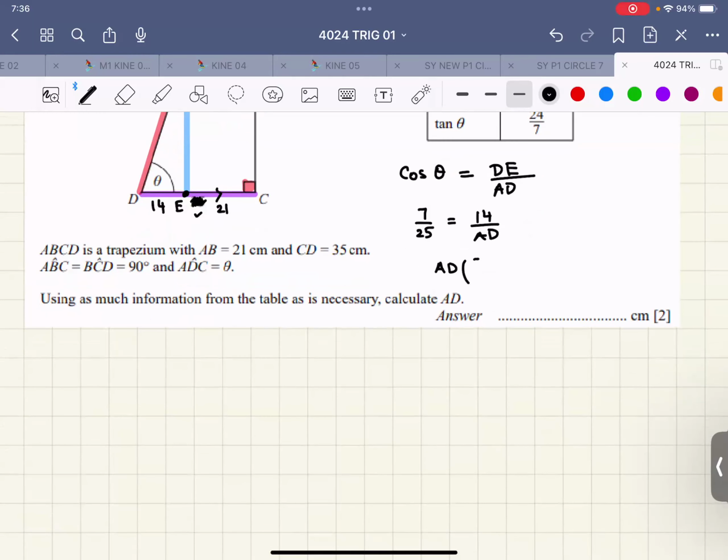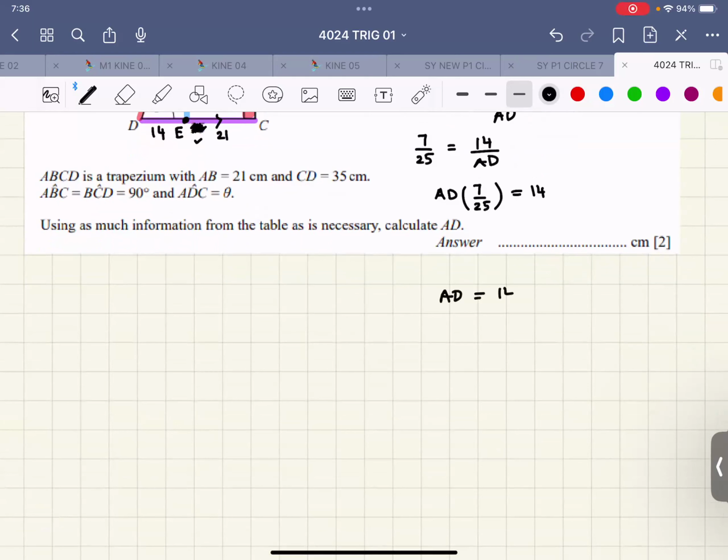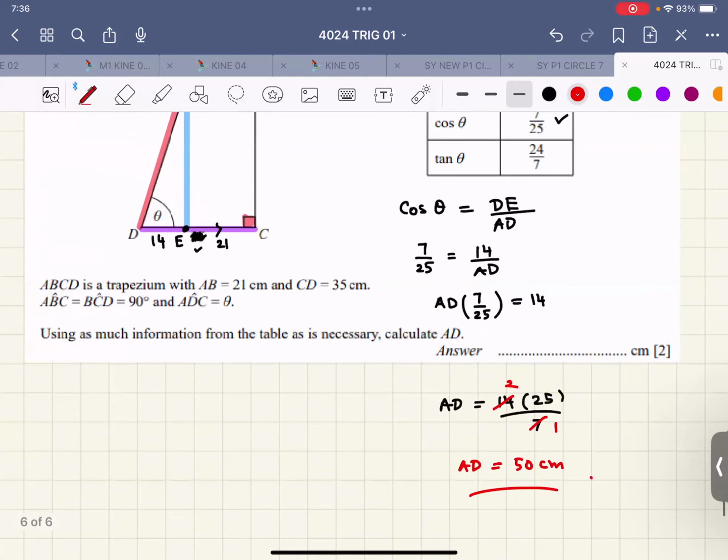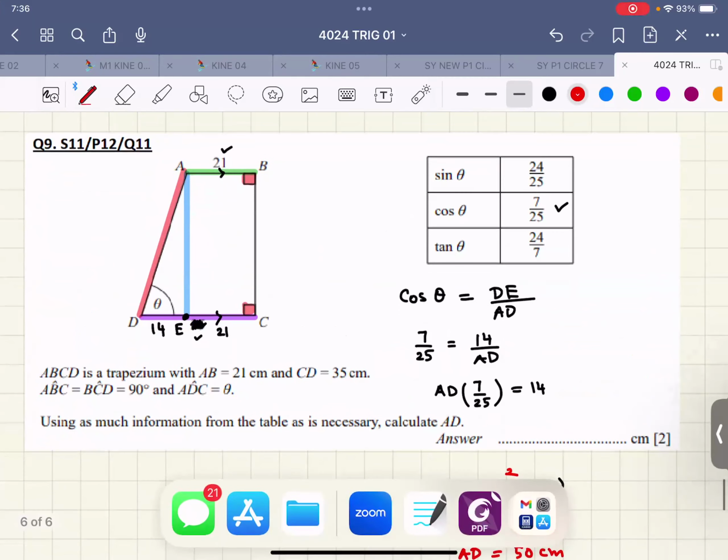So AD into 7/25 is equals to 14. Therefore, AD is equals to 14 into 25 divided by 7. So therefore, 7 ones are 7, 7 twos are 14, 2 into 25. So AD comes out to be 50 centimeters. That's the answer for this part. So that is how this question is completed.